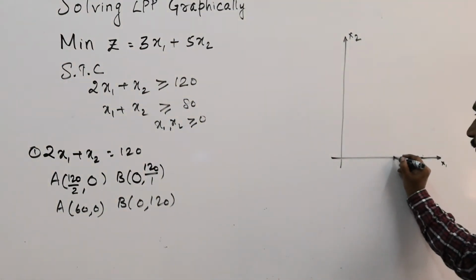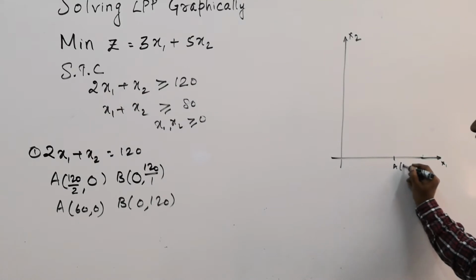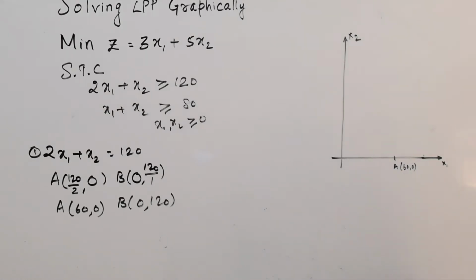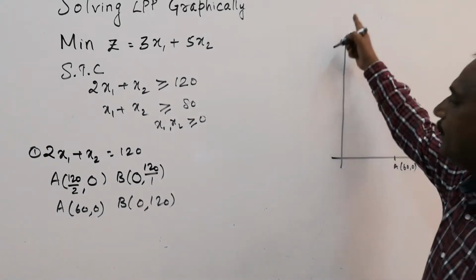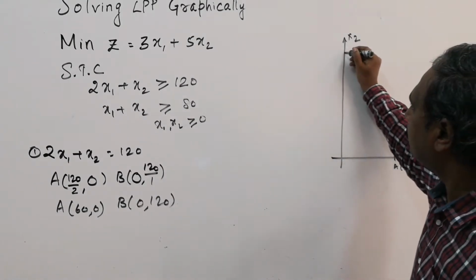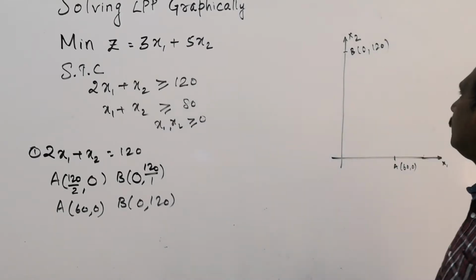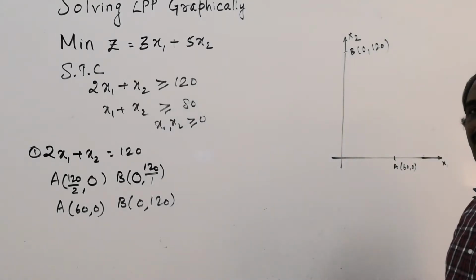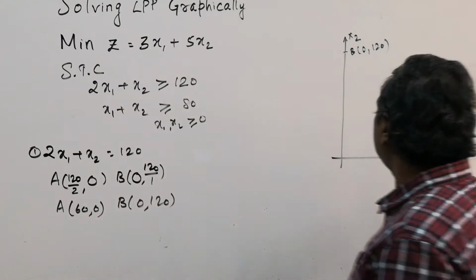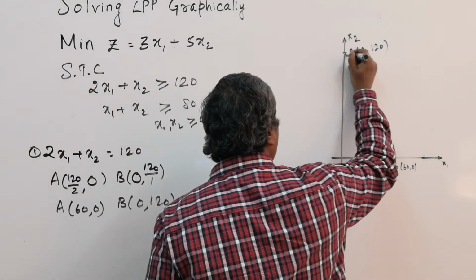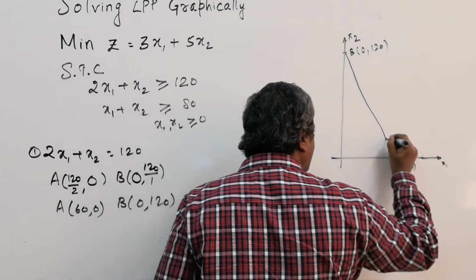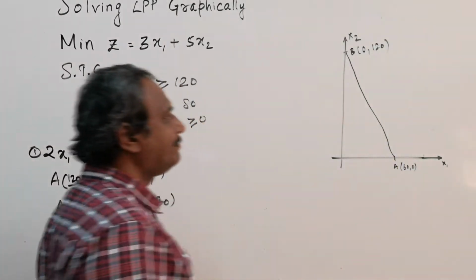Somewhere here I am going to assume this is A, 60, 0. B, 0, 120, will be on the vertical axis, somewhere here. Now I am going to join these 2 points using a straight line.